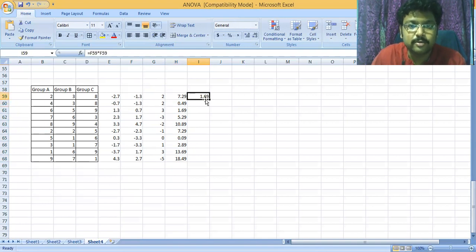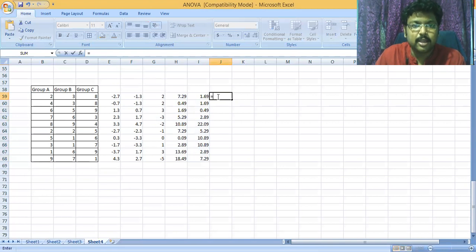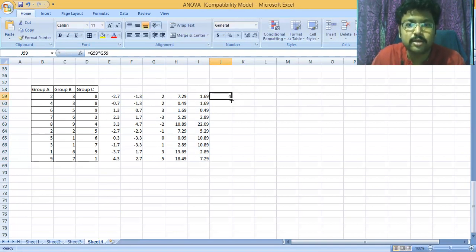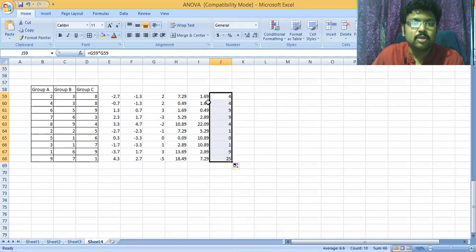So this is the square. Again this multiplication sign, it becomes the square. So now this is the square.